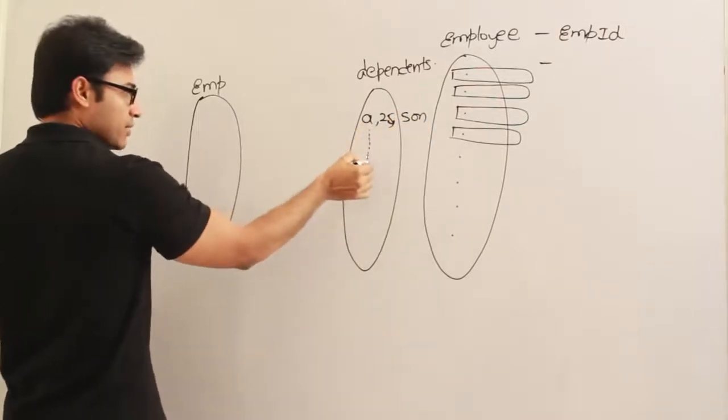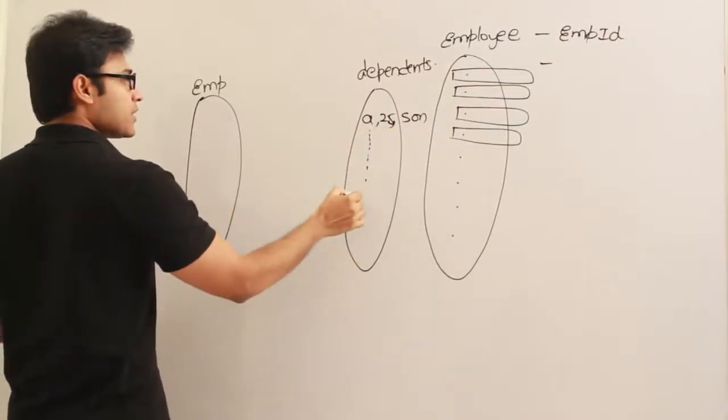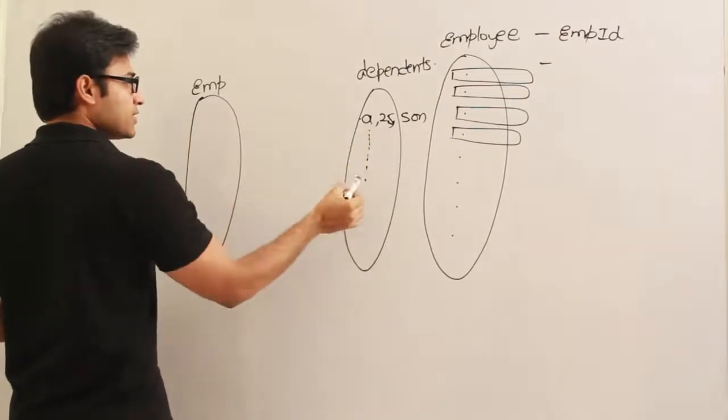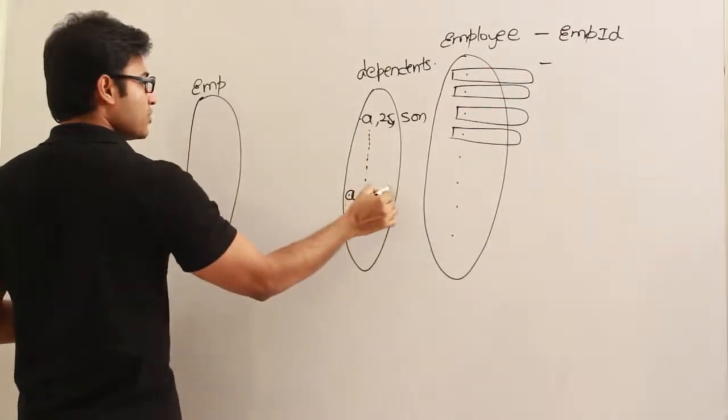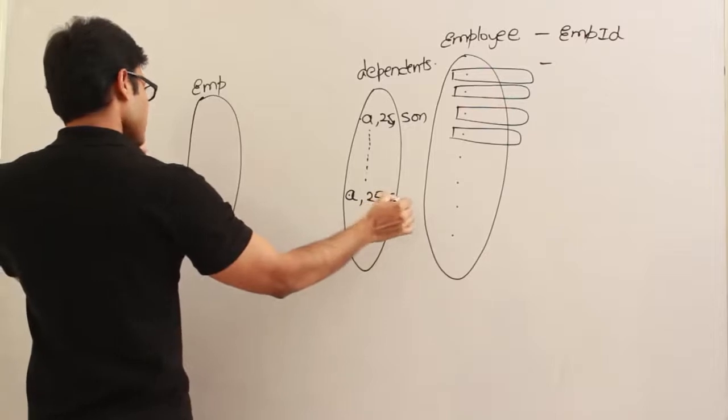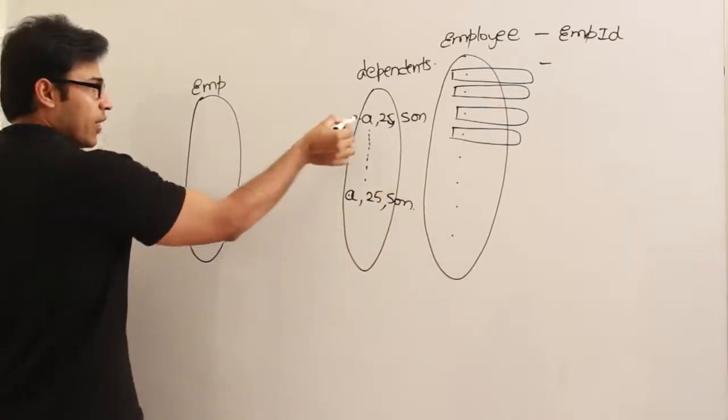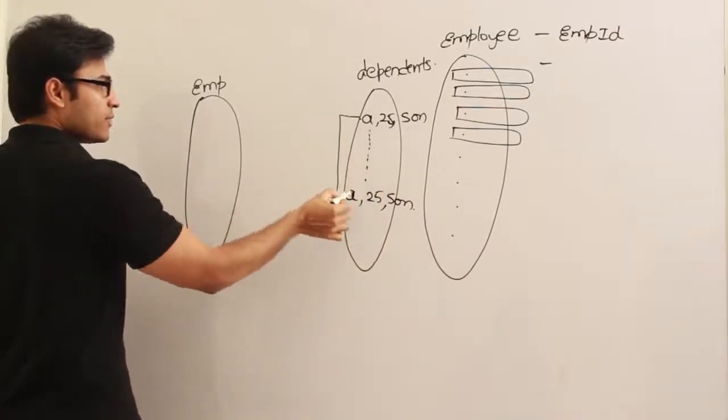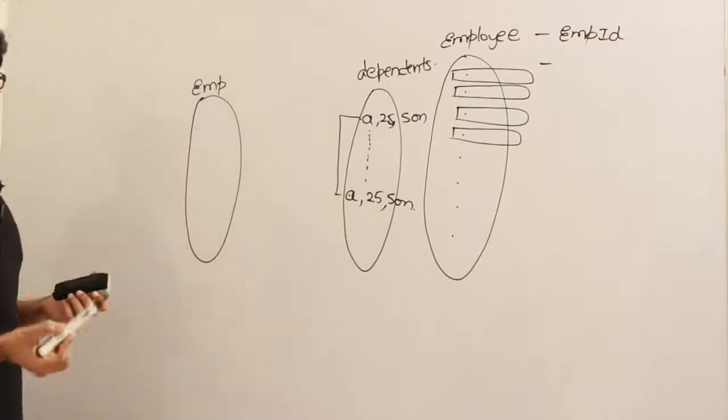And at some other point there might be some other name A which is the same as this, and there might be some person of exactly the same age who is also a son of some employee, right? Now these two entities cannot be distinguished uniquely. That is the problem.